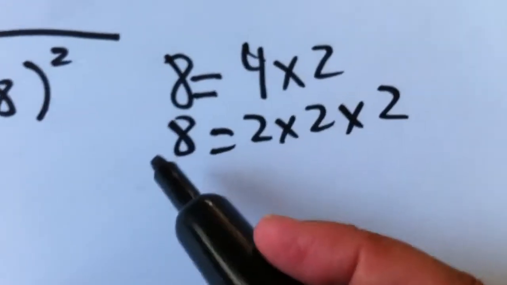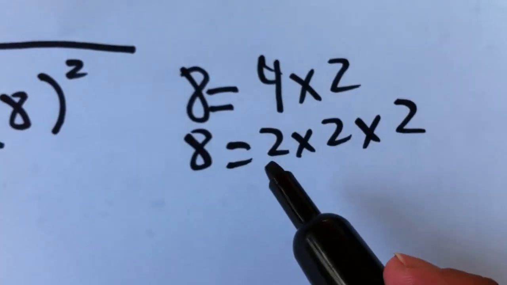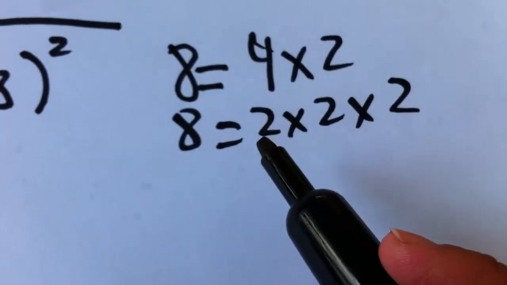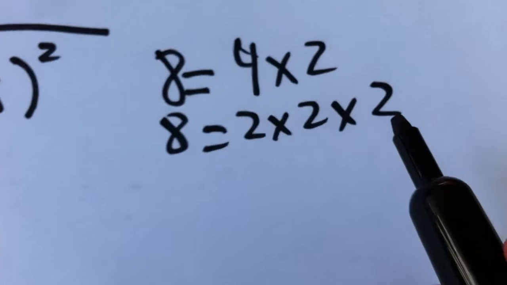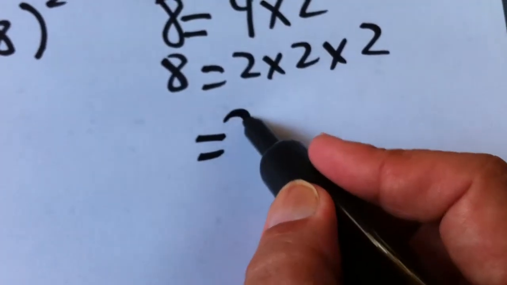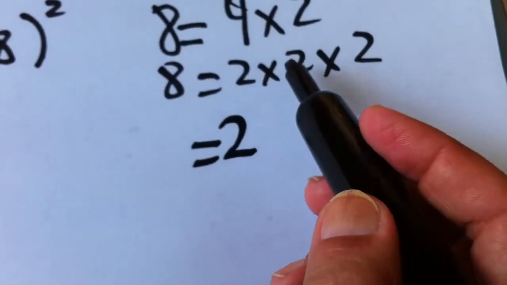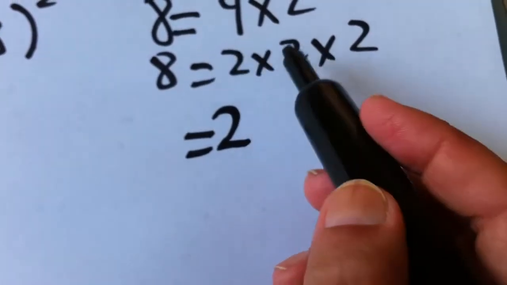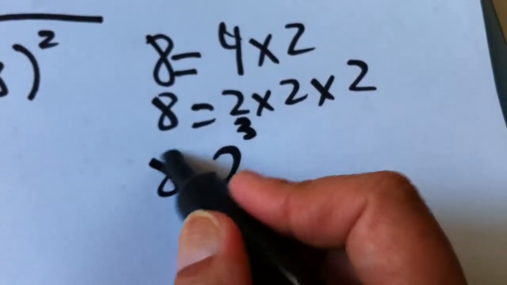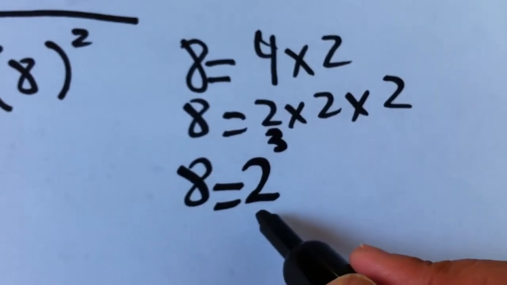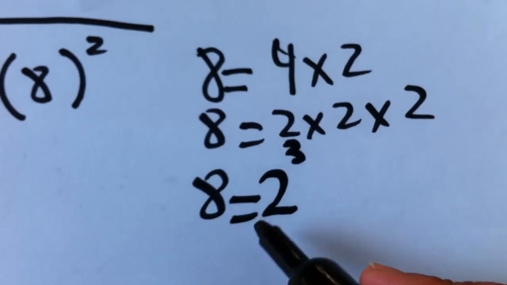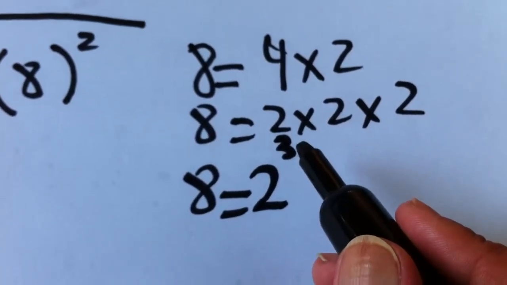So 8 is the number 2 multiplied by itself 3 times: 2 times 2 times 2. We can make a shortcut. We will write 2 as a base, and the number of multiplications by itself we will write as a power. So 8 is 2 to the power 3. In this case, we'll call 8 equal to 2 cubed.